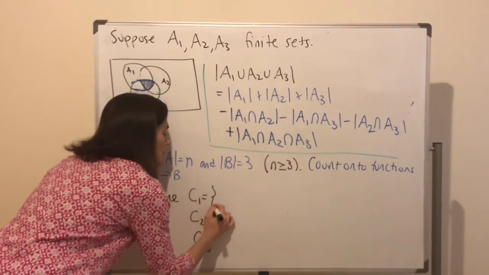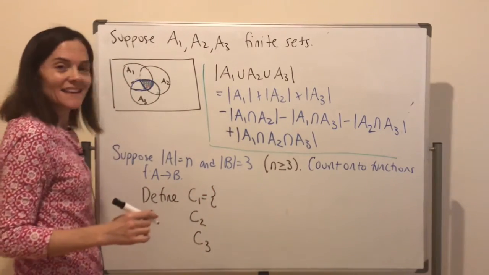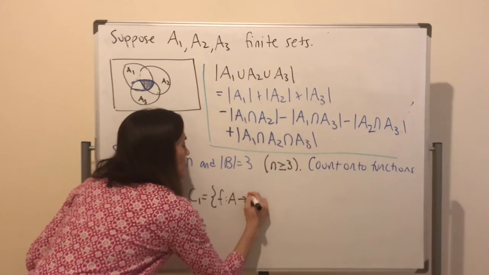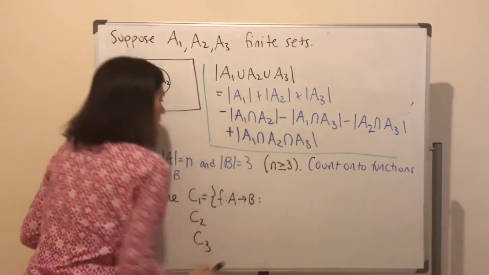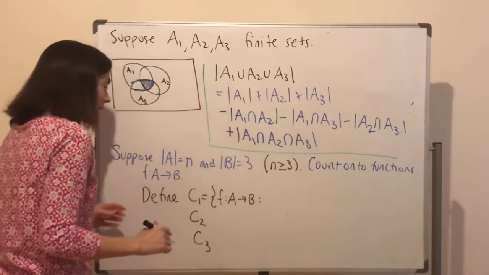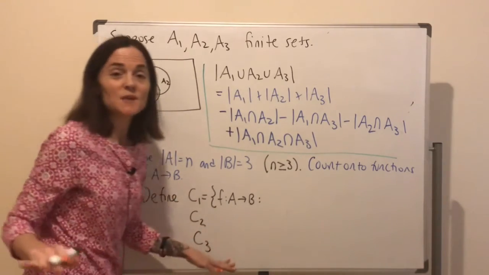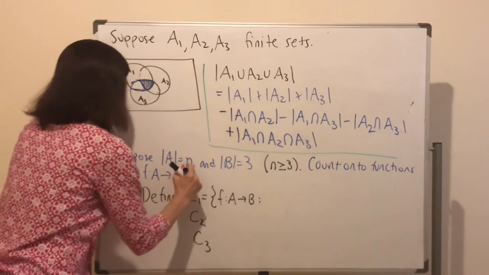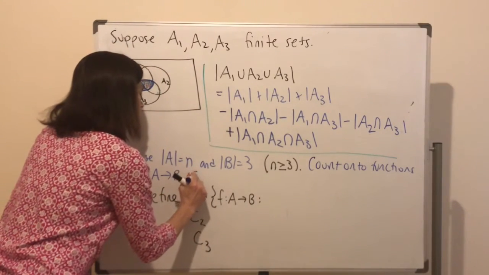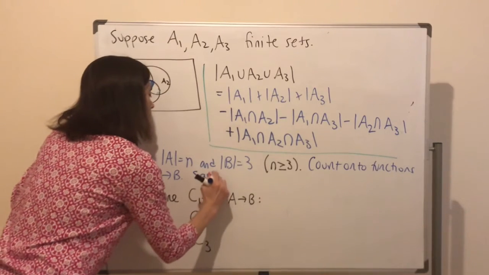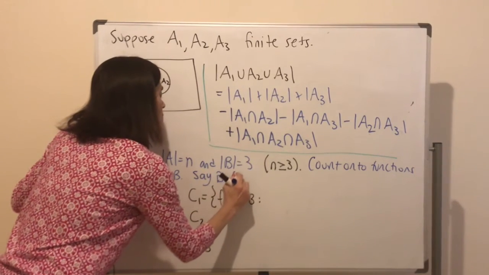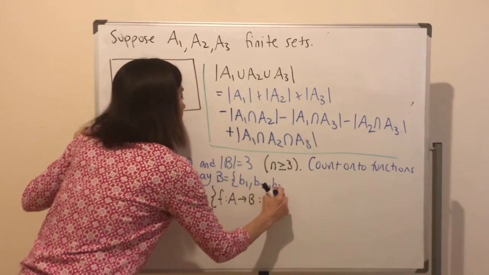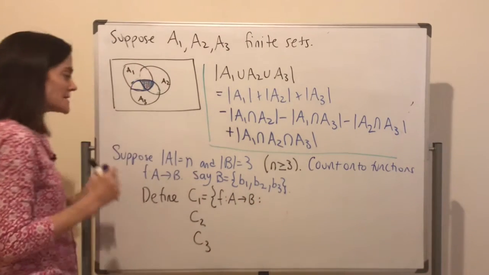Well, C1 is going to be all functions such that, oh, well, before I do this, let me just give some names to the elements in B. So let's suppose B equals {B1, B2, B3}. And now I can define my sets.